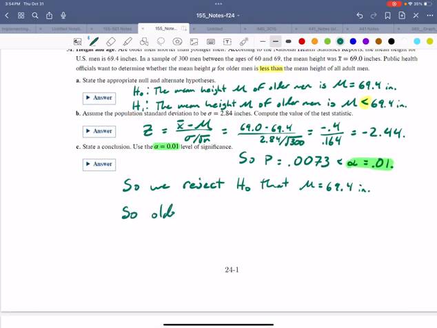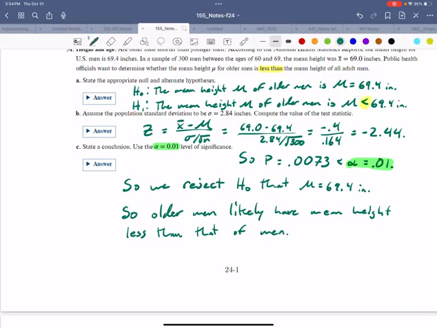So older men likely are not as tall, or maybe I should be a little more specific than that, older men likely have mean height less than that of men.